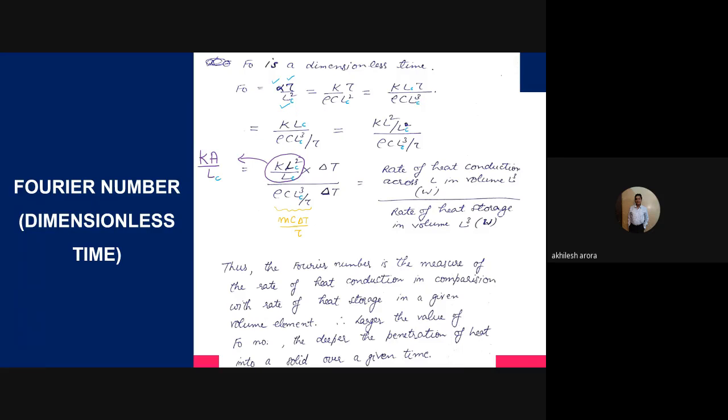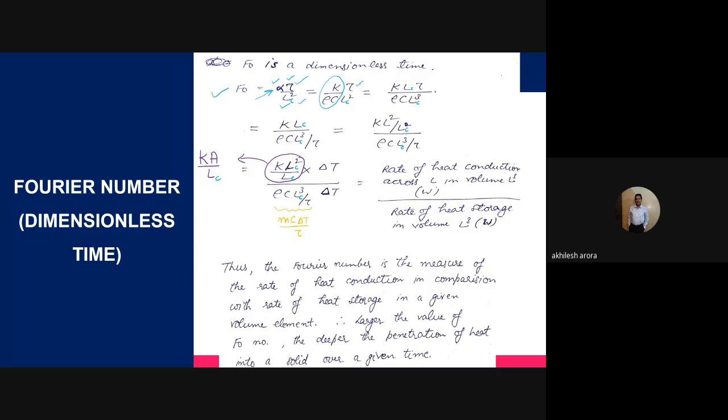So I have changed it at most of the places. Now you just see the first line, where the Fourier number is written as alpha tau over L square. What I have done here is write the value of alpha. Alpha is the thermal diffusivity, represented by the equation k upon rho C. Then tau is there and LC square is already there.